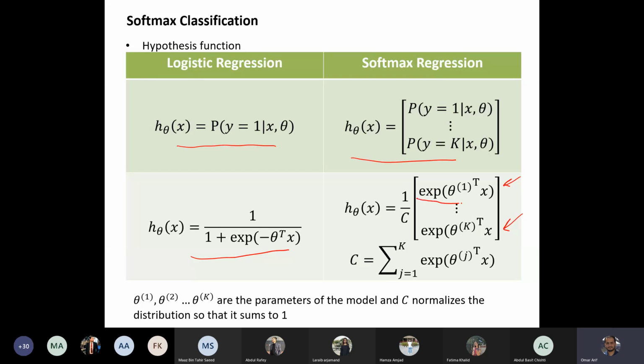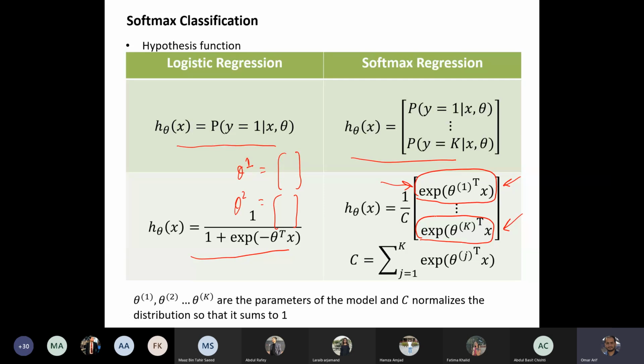So this is my prediction now for the first class. Similarly, the second class and the kth class. What this tells me is that I have these theta parameters for each class. Theta 1 is the parameter vector for the first class. Similarly, theta 2 is the parameter for the second class, and so on. Using each of those parameters, I'm going to compute this value, exponent theta transpose x.